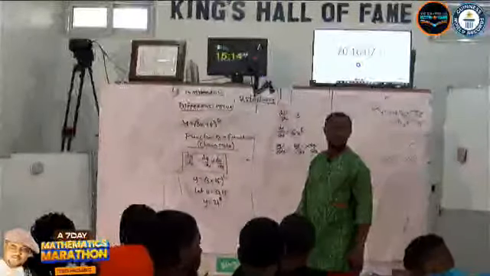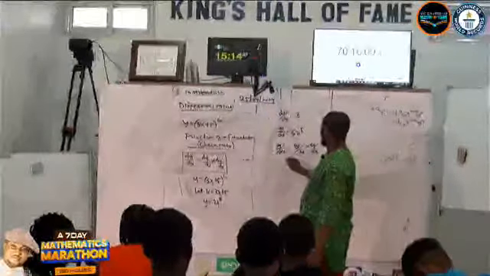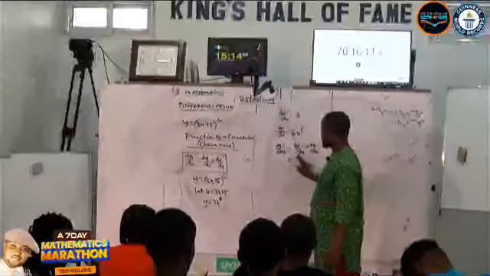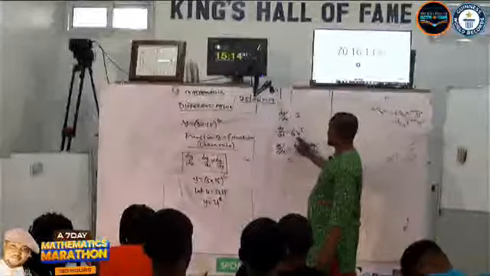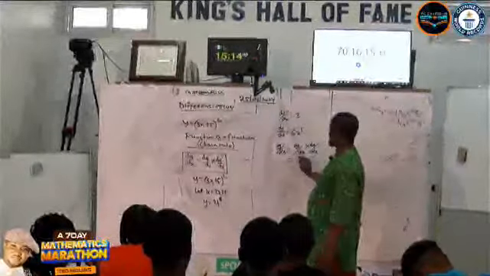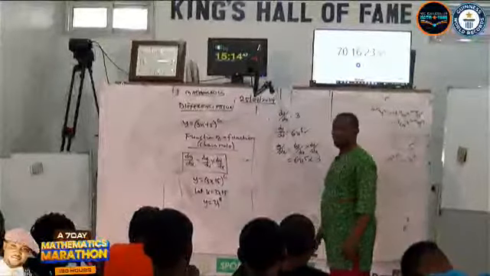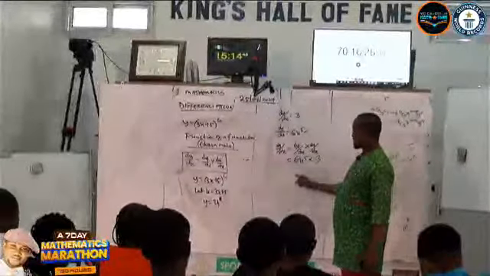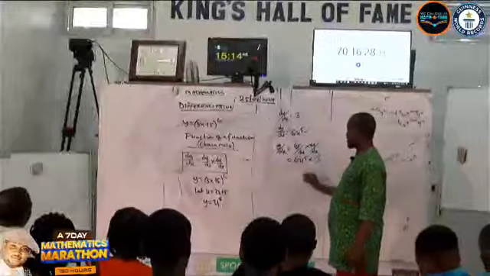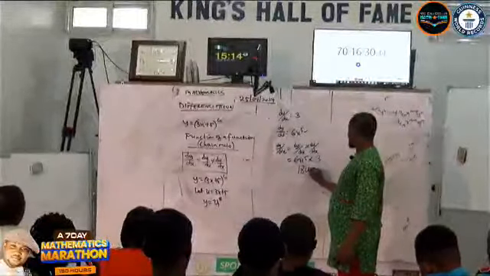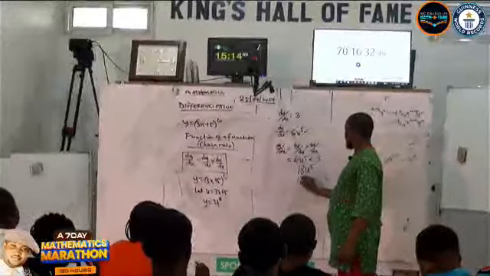So what's dy/du? It is 6u to the power of 5. What's my du/dx? It is 3. So 6 times 3 gives 18u to the power of 5. That will be 18.